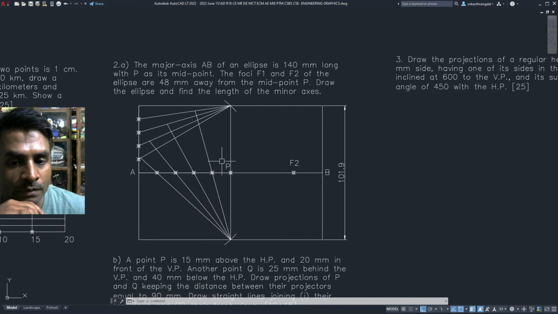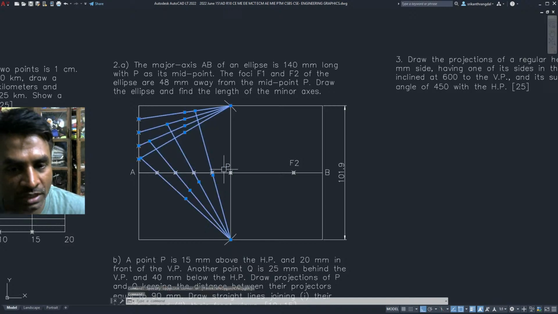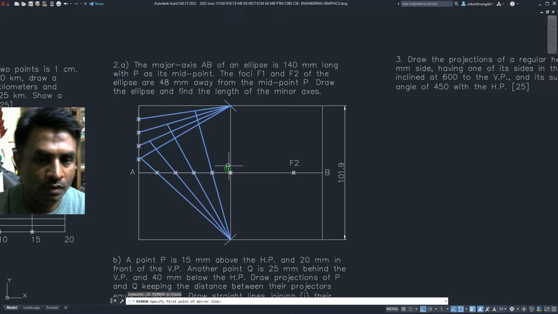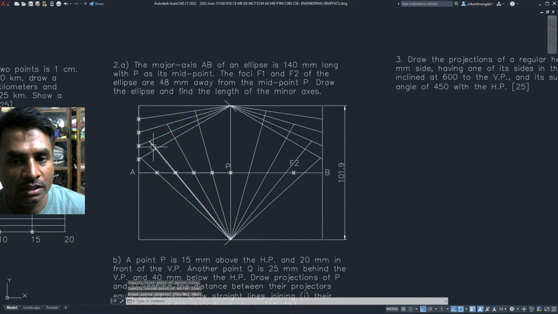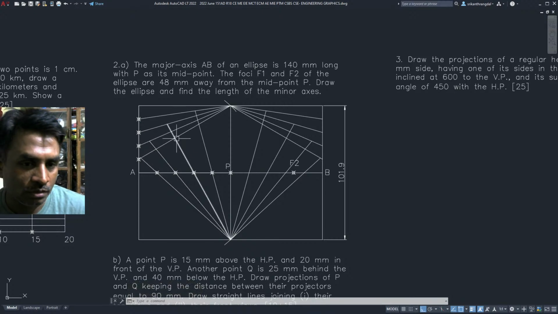The same diagram, same sequence, same steps we need to follow once again on the right side. And then we have to take these measurements on the bottom side as well.